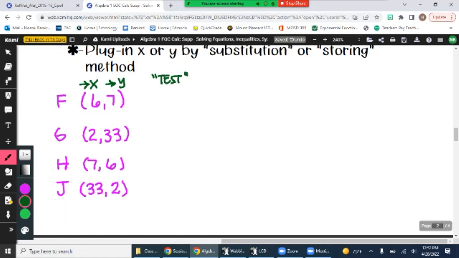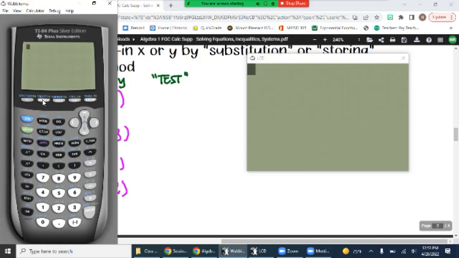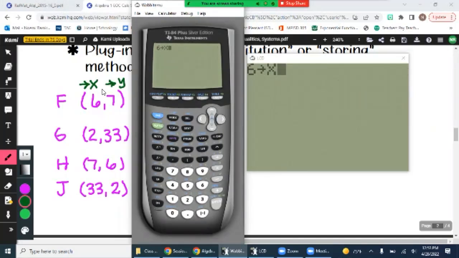You're going to have to test both equations. So let's start with that very first answer choice. I'm going to plug in my 6 and plug in my 7. So 6 is going to go in for X, store the 6 as an X, and then store the 7 as a Y. Are we good so far? Are we good on why we're doing that part?